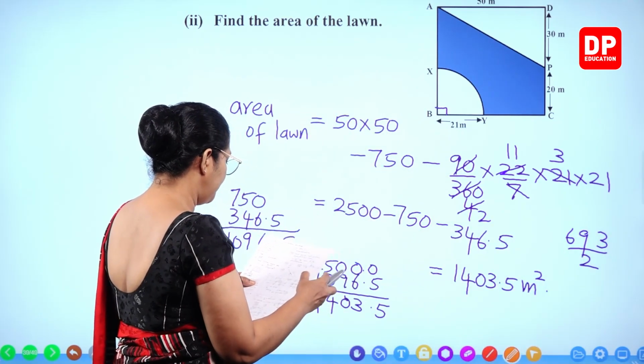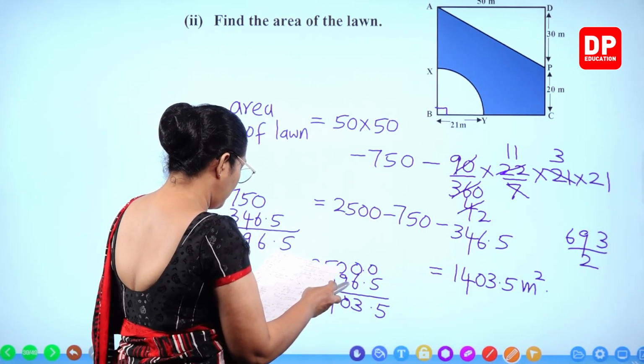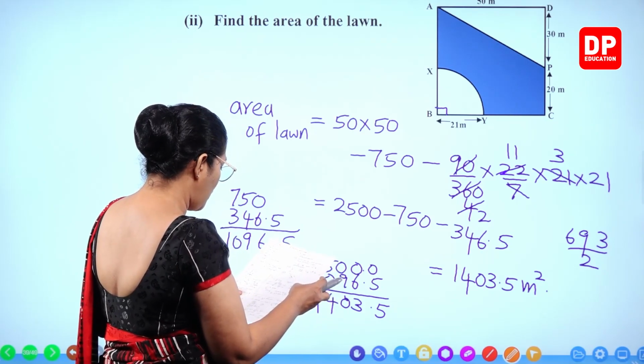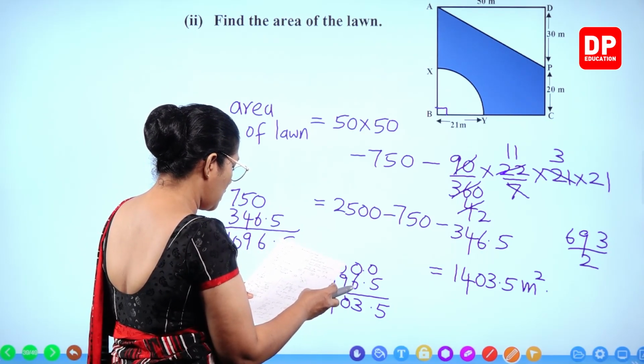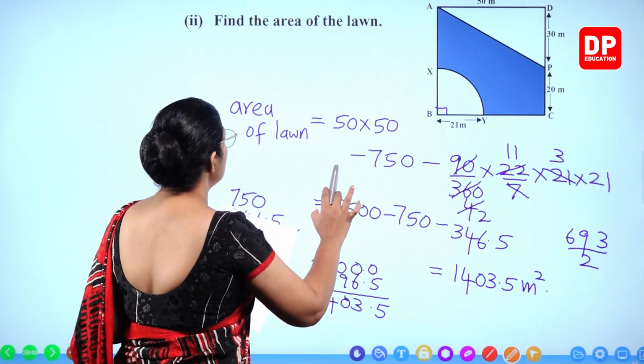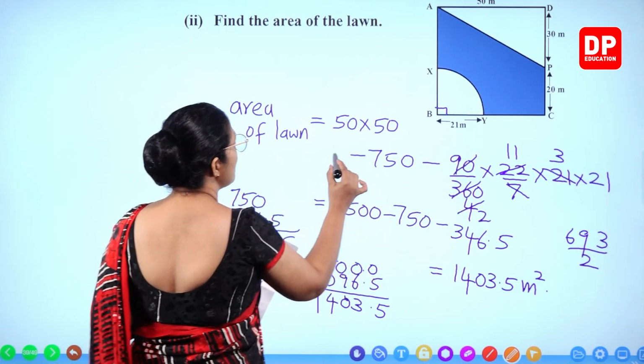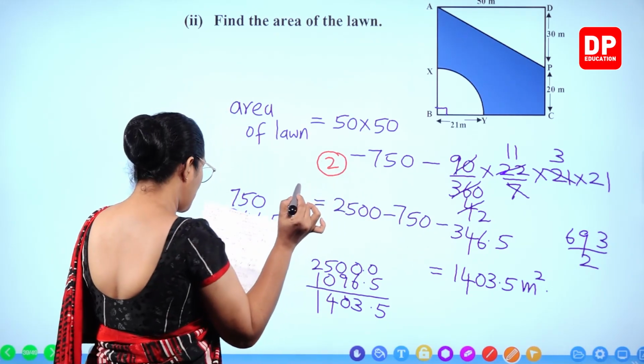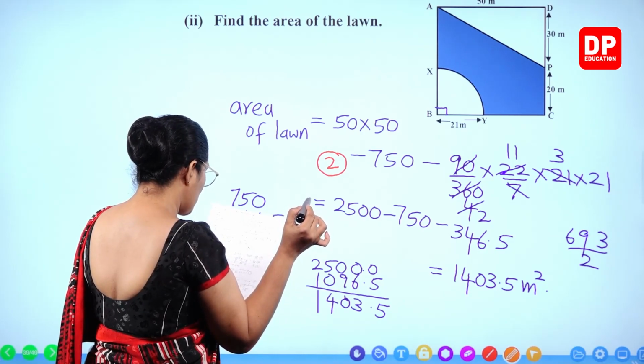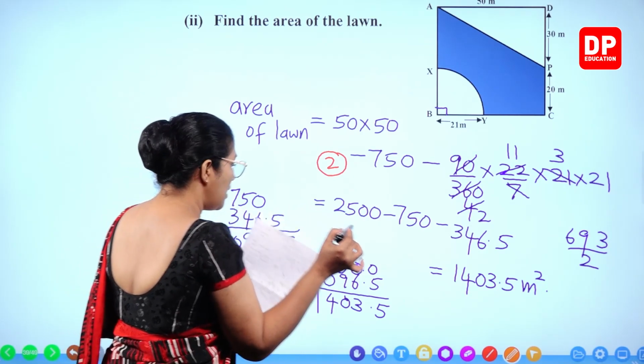So let's see. You get 2 marks for writing down the correct expression, and 2 marks for finding the answer.